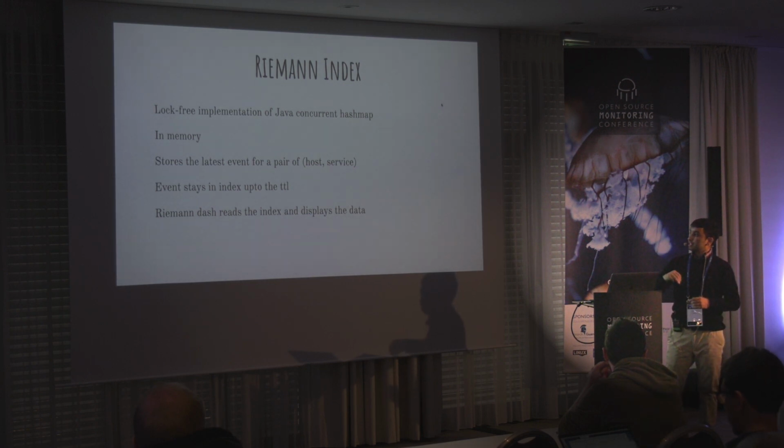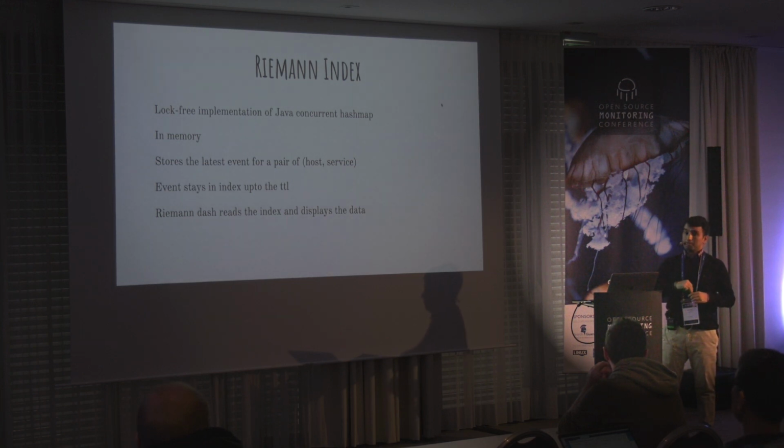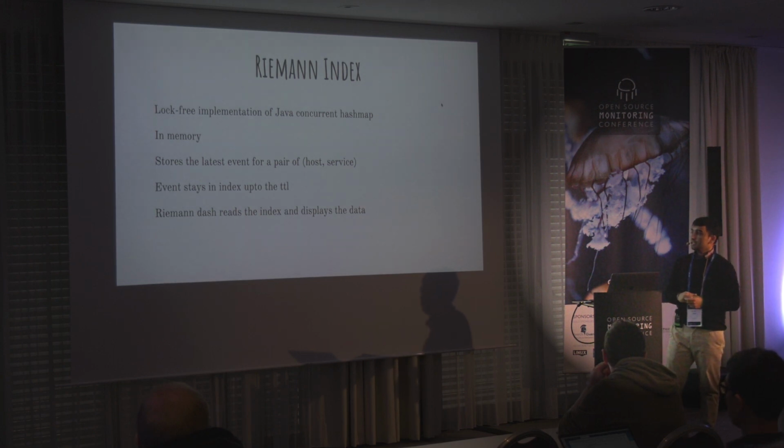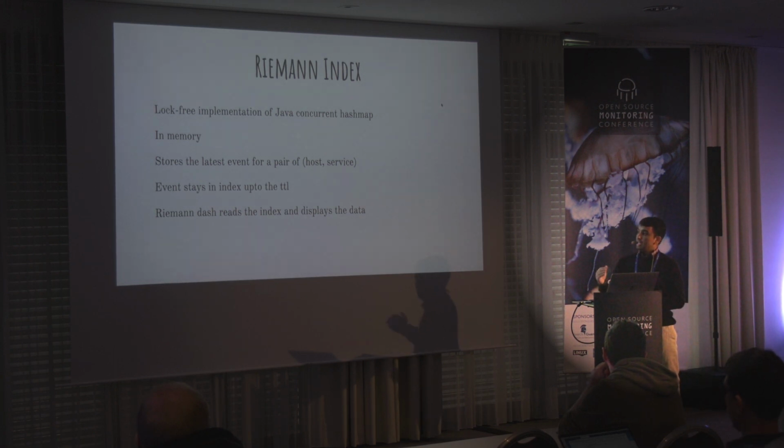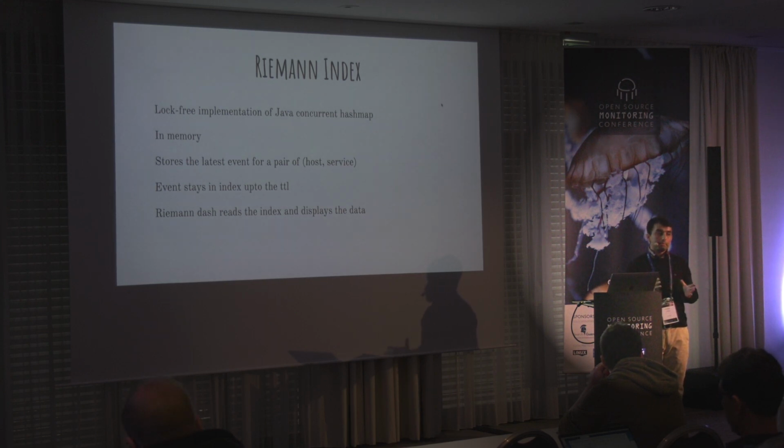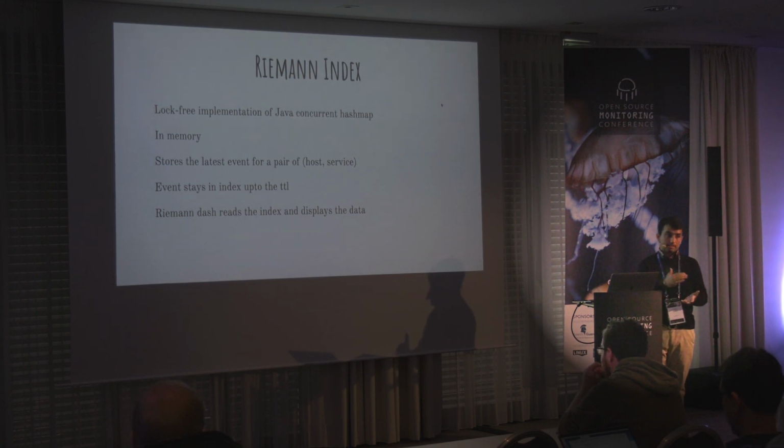As I mentioned earlier, an event stays in the index up to the TTL value. After that, they are converted into expired events, and we'll look at how that helps in the Riemann ecosystem. And there is a Riemann dashboard. It's very basic, but it talks to Riemann over WebSockets, and it displays the data of the Riemann index in a dashboard.